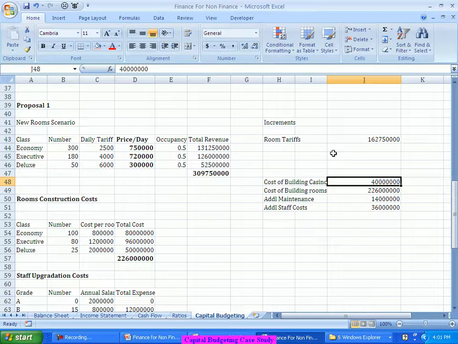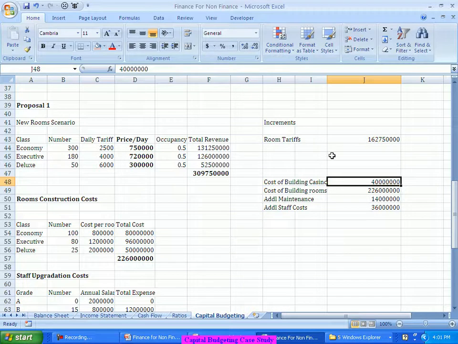I have to classify these costs as are they one-time or are they annual. Probably building the casino, which is there in point number 1, cost of building a casino and a ballroom, 4 crores. It's a one-time activity. Every year I will not build it. Today only I am building it.